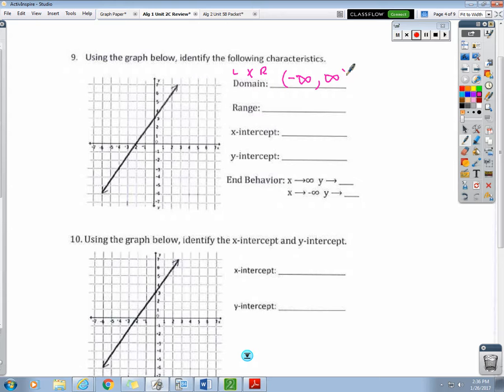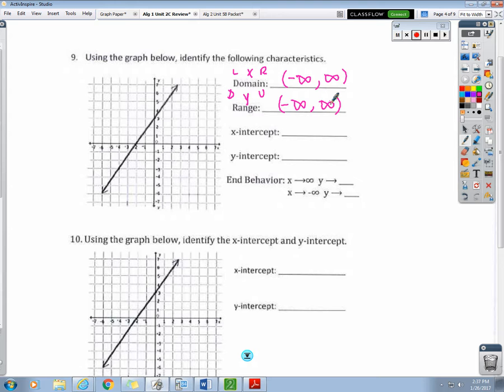Positive infinity. Range is y value, so down to up. How far down could you go? Forever down, which is -infinity. How far up could you go? Positive infinity. All linear functions will always have that domain and range, except for vertical and horizontal lines.